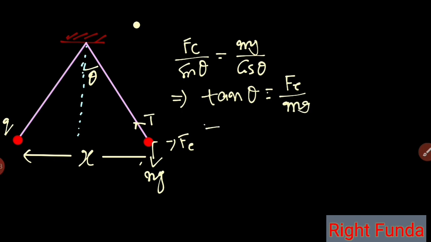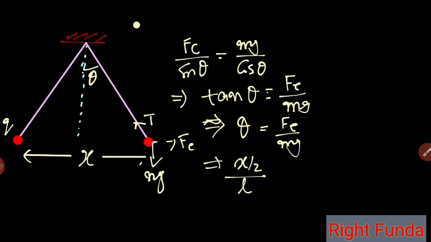As theta is very small, we can write tan theta is equal to theta, so theta is equal to Fe by mg, and from this, this length is x, so this can be written as x by 2 by L is equal to Fe by mg.